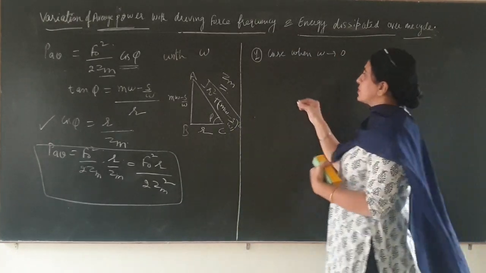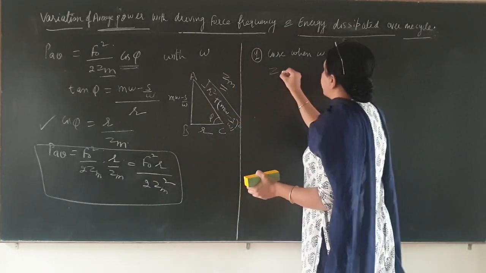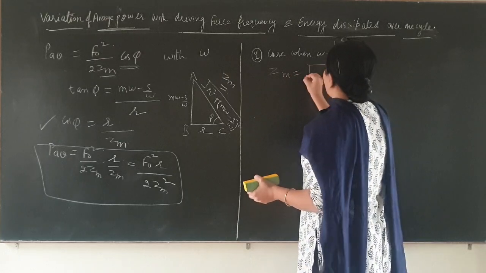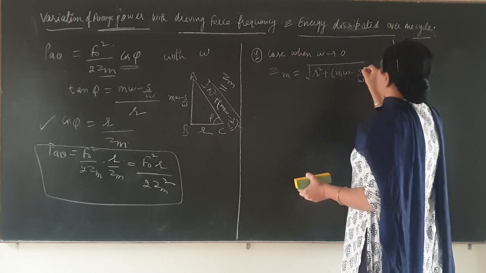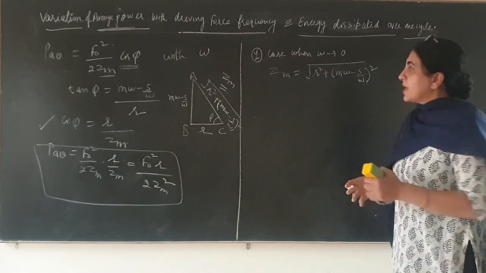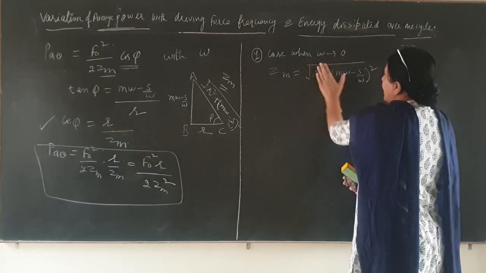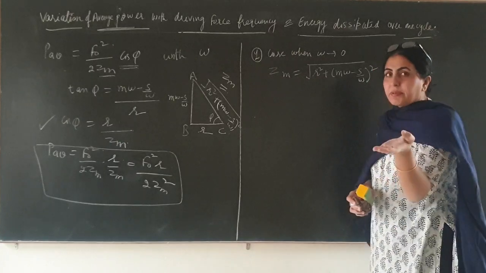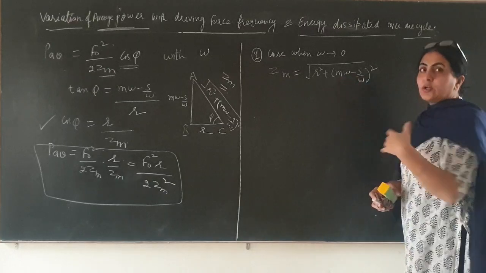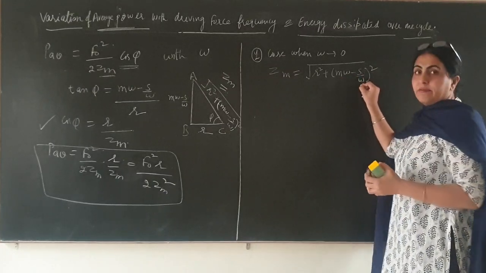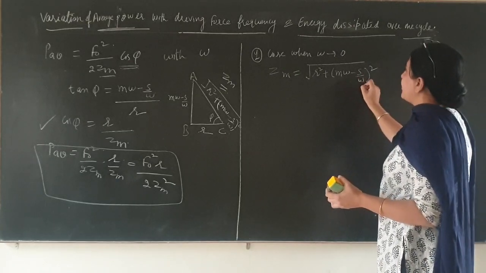Because this value depends upon Zm, and Zm is equal to under root of r square plus (m omega minus s over omega) whole square. When omega approaches 0, which term will dominate? We take r small as compared to this, as we have done in the previous lectures. So S over omega will be the dominating term.